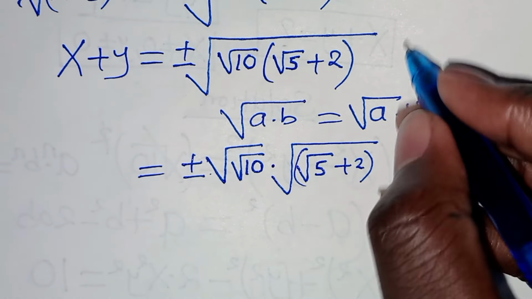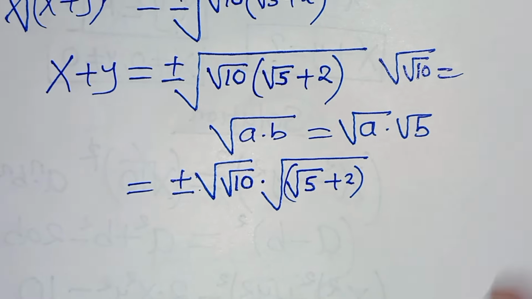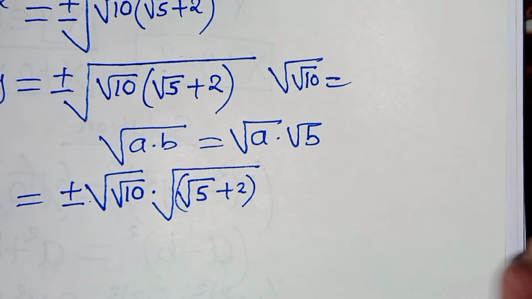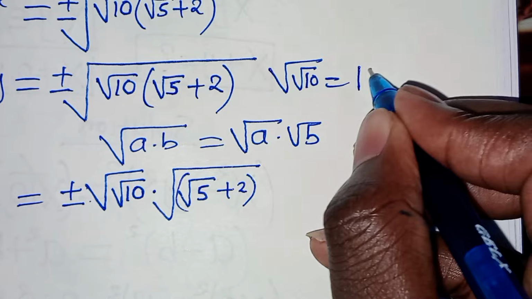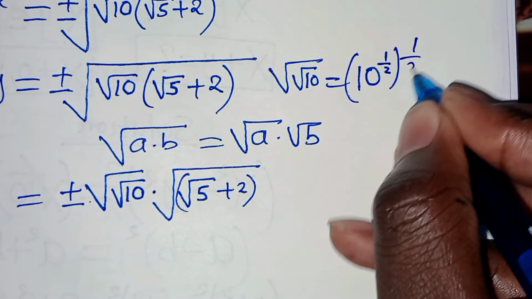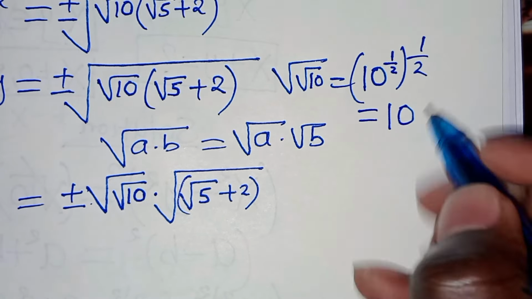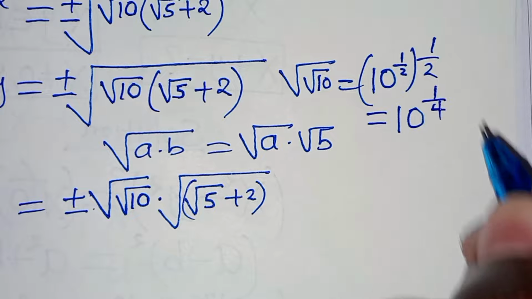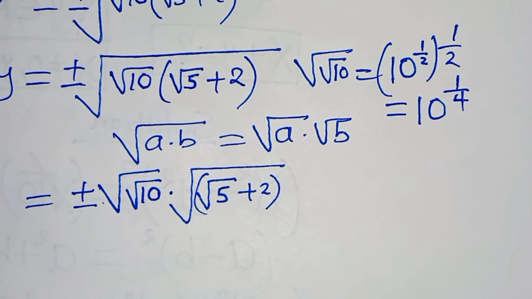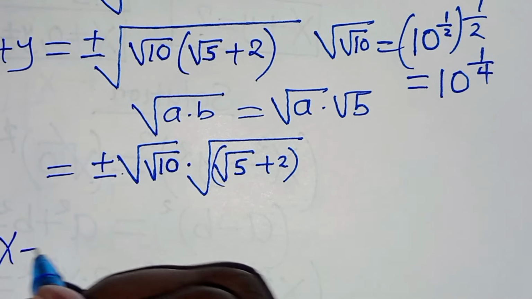And you find that root of 10 is the same thing as 10 raised to the power of a half, then raised to the power of a half. And this is the same thing as 10 raised to the power a half times a half, which is 1/4. Okay? So this implies that here we have x plus y.